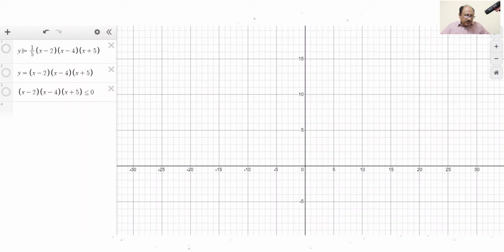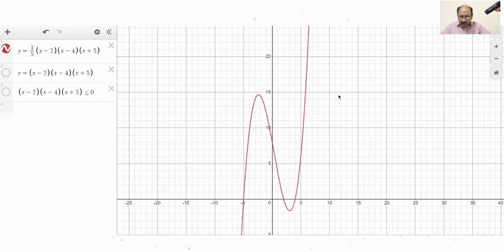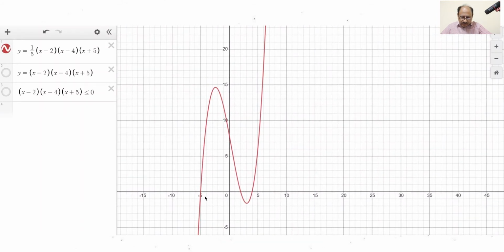So this is the first graph and the equation which we got: y is equal to 1 by 5, x minus 2, x minus 4, and x plus 5. And if we draw this one, this will be our graph over here, which is intersecting at minus 5, x-intercept.